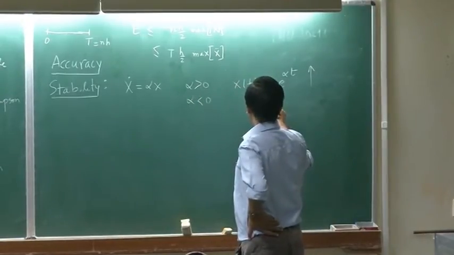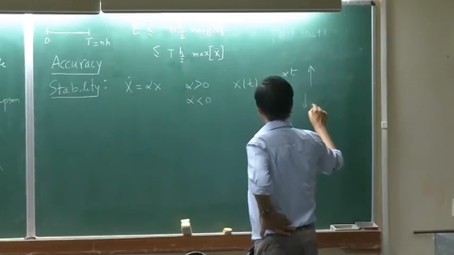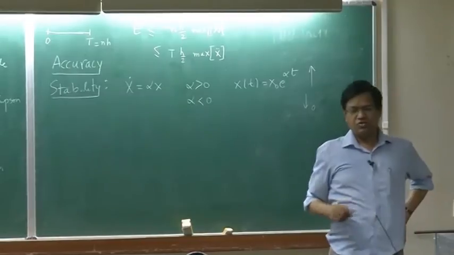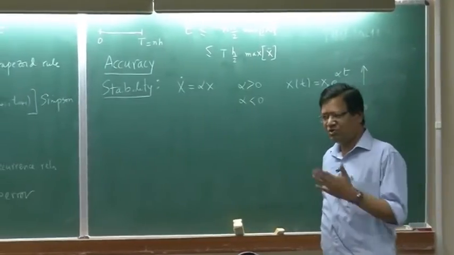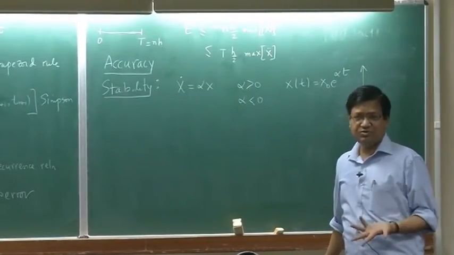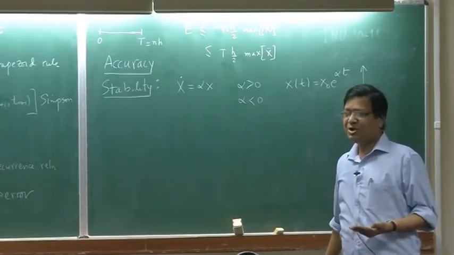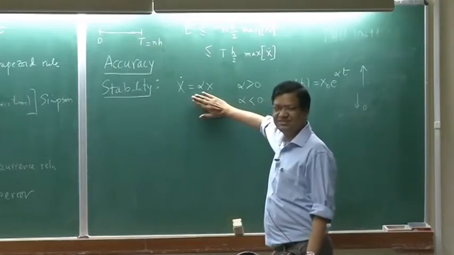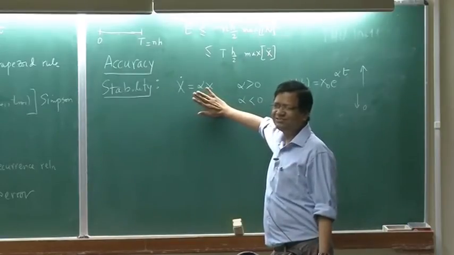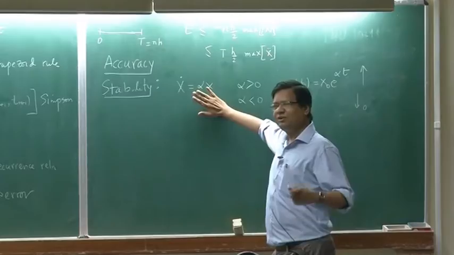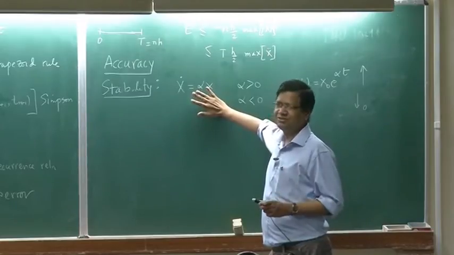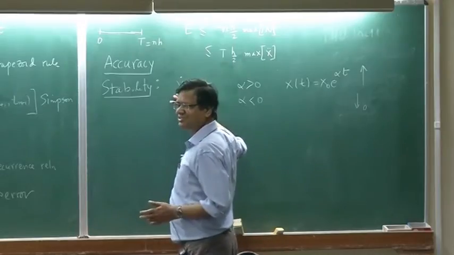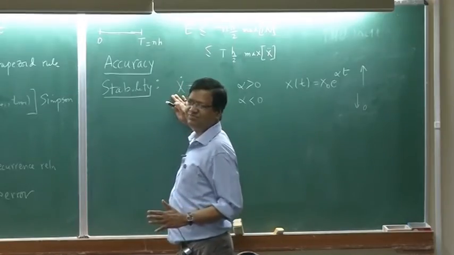The solution goes to 0. So if my physical solution is growing, then my numerical solution should also grow. You may call this an unstable system, and in fact this is called an unstable system in physics. But we don't call that unstable in a numerical scheme. Here you are talking about numerical stability. In a numerical computation, we don't call this unstable.